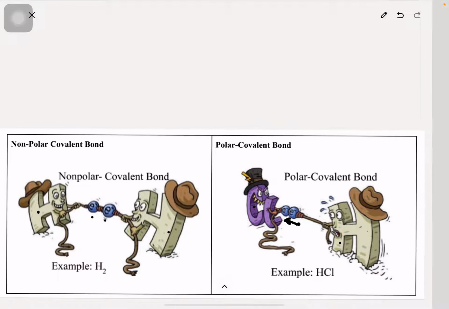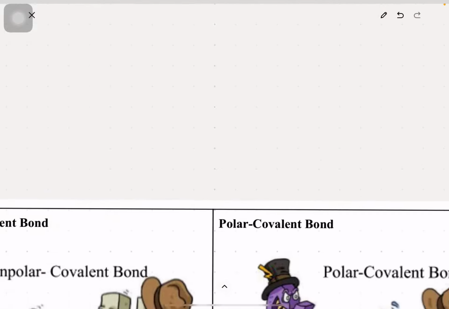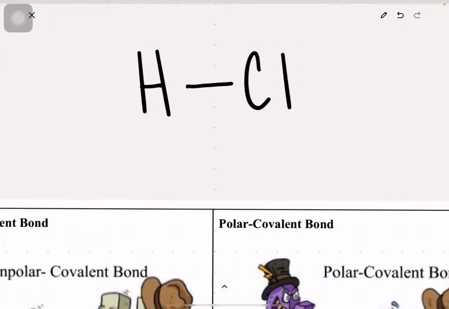So when we have these bonds, sometimes one of the elements is pulling harder on the electrons. And what happens then is that the electrons are on that side now. We remember the charge of an electron is negative. So in this situation, the electrons are being pulled towards chlorine. To show this negativity on that side, we draw this little arrow.